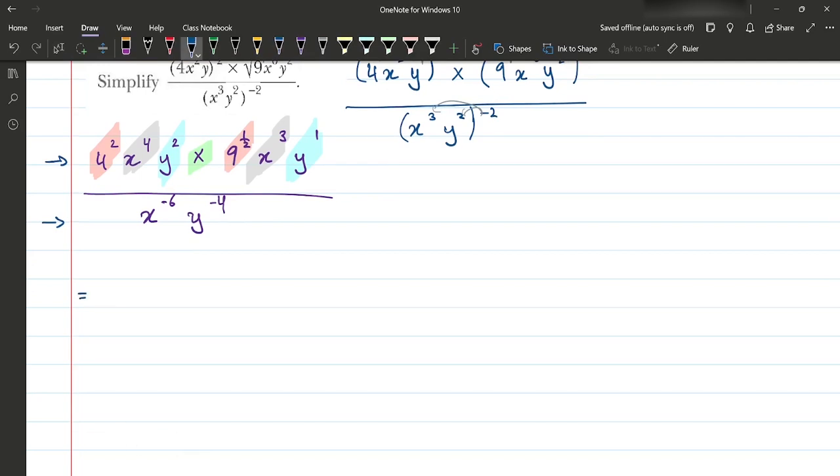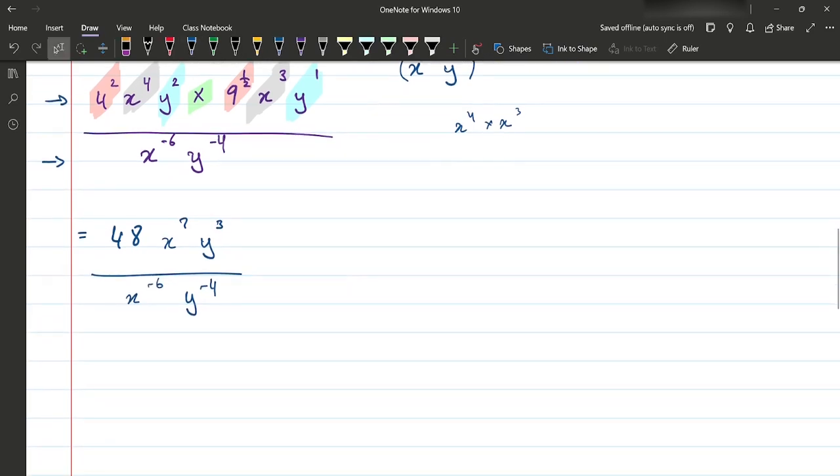Okay, so 16 times 3 gives us 48. Then x to the power 4 times x to the power 3, which is x to the power 7. Then y to the power 2 times y to the power 1, which is y to the power 3. Over x to the power minus 6, y to the power minus 4.